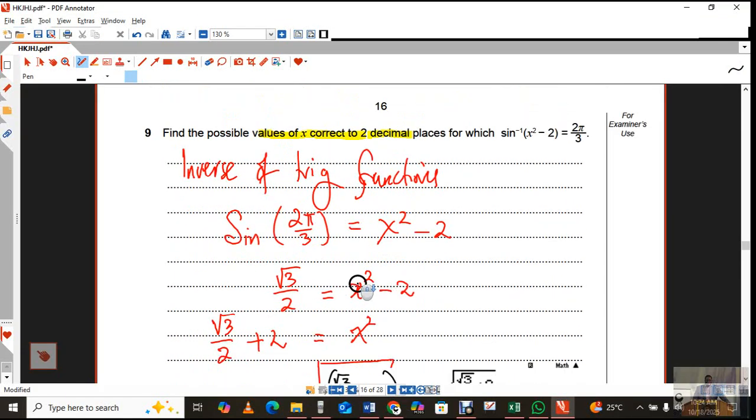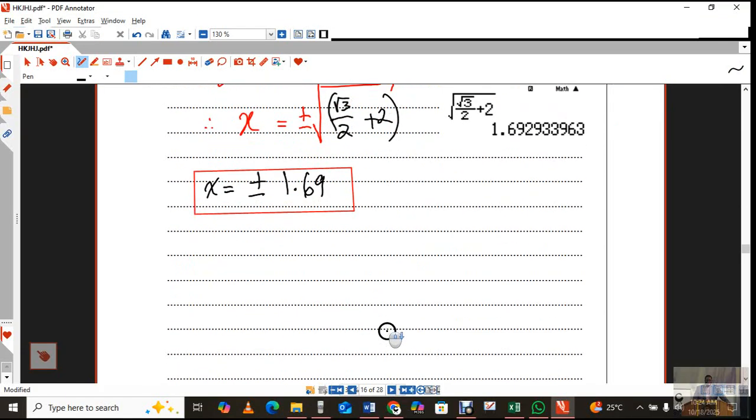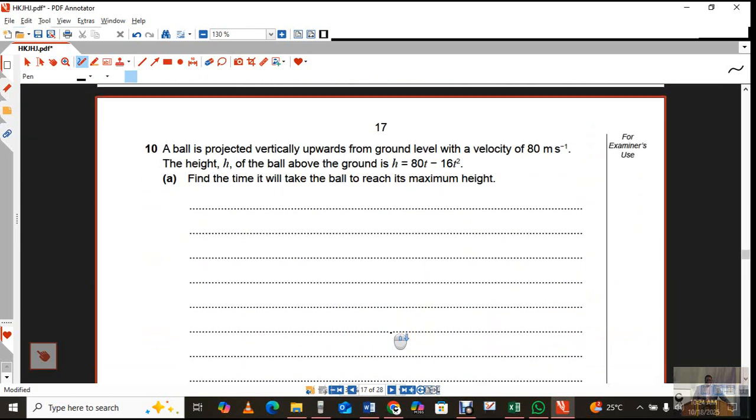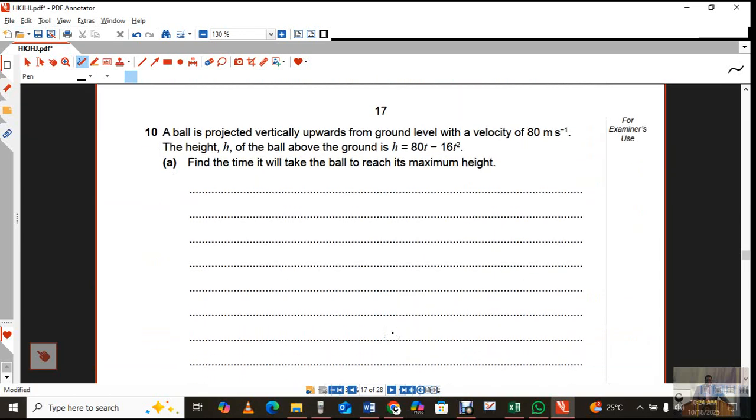Right, so that is question 9, and we are now ready to do question 10. A ball is projected vertically upwards from ground level with a velocity of 80 meters per second.